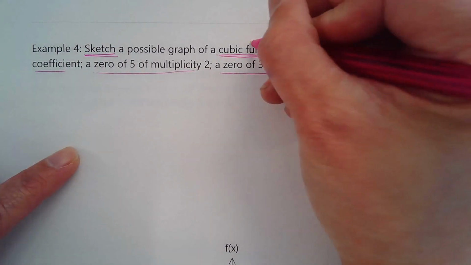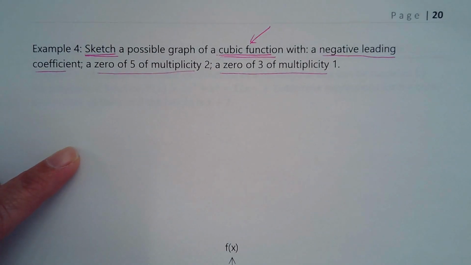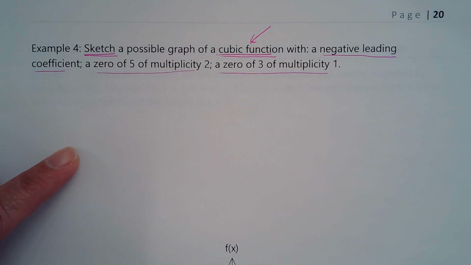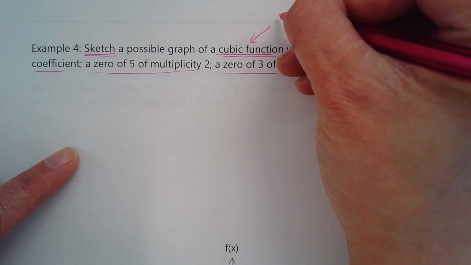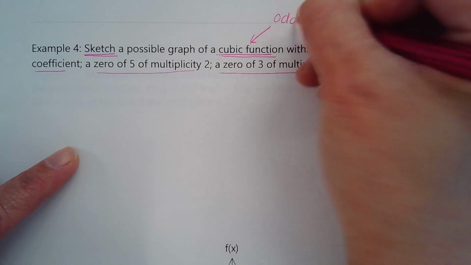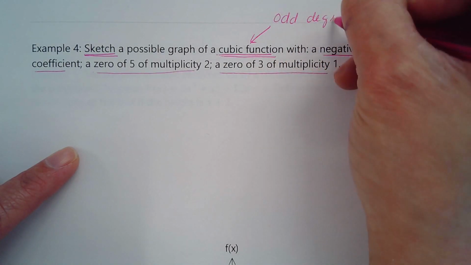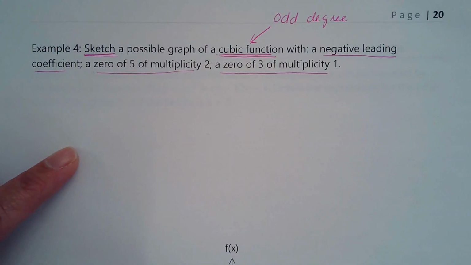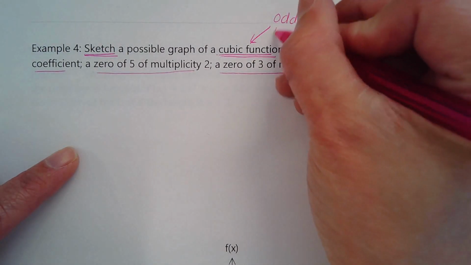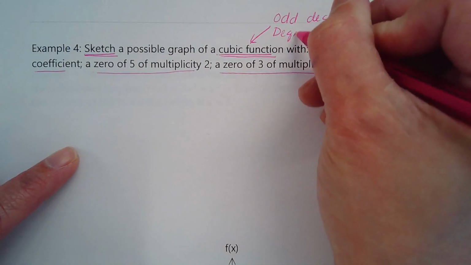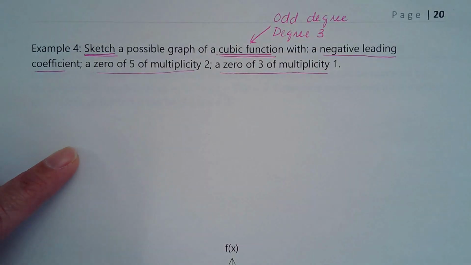Now, it says here, cubic function. So that one is an odd degree. To be specific, that's degree 3. That means the highest exponent in a polynomial function is 3.